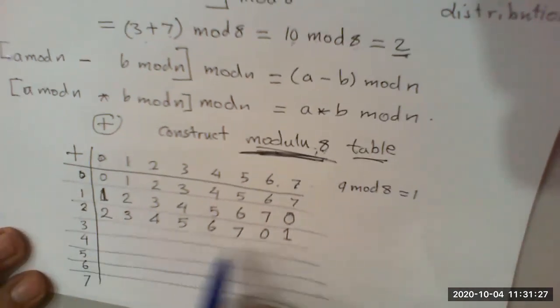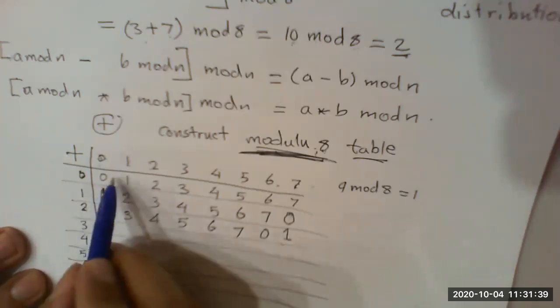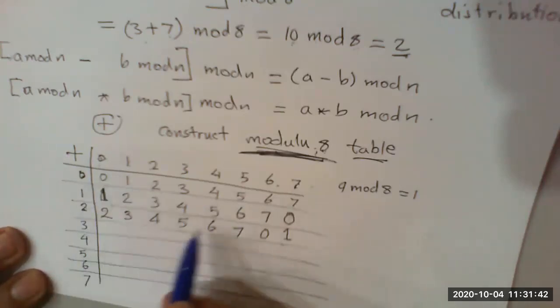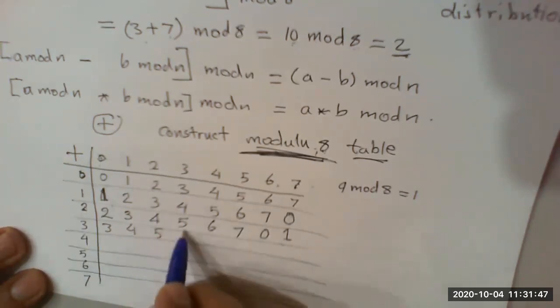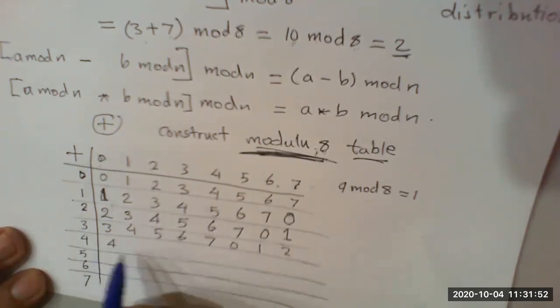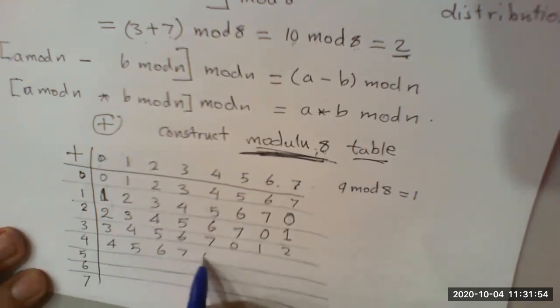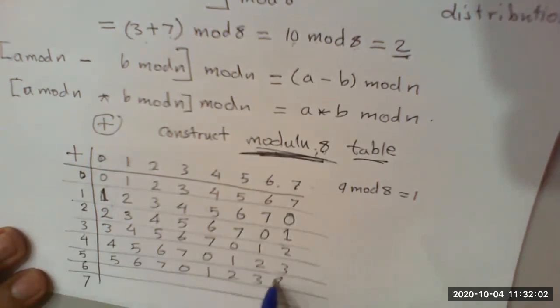Okay, now I understand the pattern. I can complete the remaining part of the table without any problem, because this is 1, 0, 1, 2, 3, like that. 0, 1, 2, 3, the same. There is some kind of symmetry in the table. I can write here 3, 4, 5, 6, 7, 0, 1, 2. 4, 5, 6, 7, 0, 1, 2, 3. 5, 6, 7, 0, 1, 2, 3, 4.